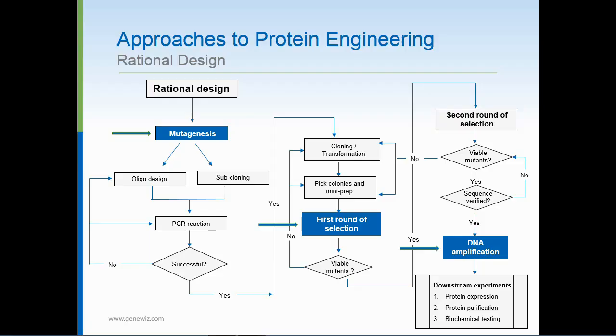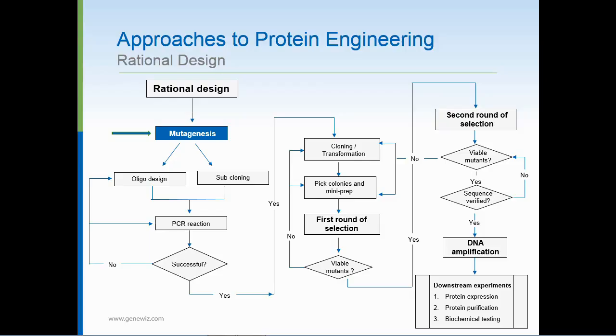Taking a closer look, the generation of mutants can be further divided into three steps, beginning with mutagenesis, followed by screening and selection, and finally, DNA amplification. The mutagenesis step alone is composed of a number of intermediate steps, which really begins to highlight the complexity of this process.